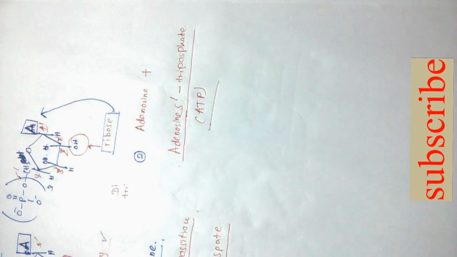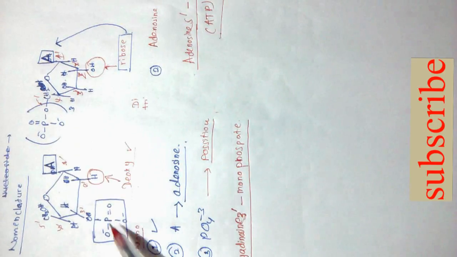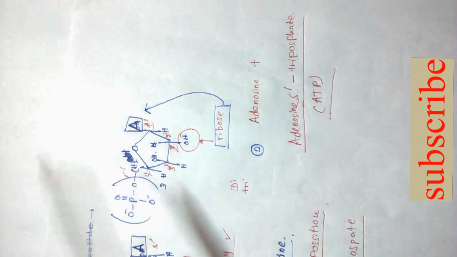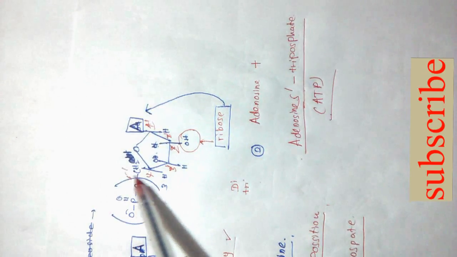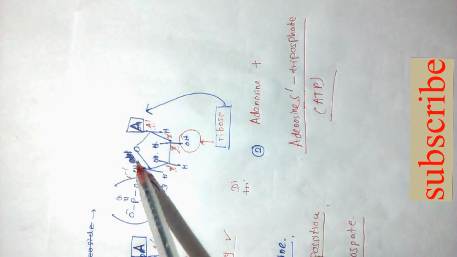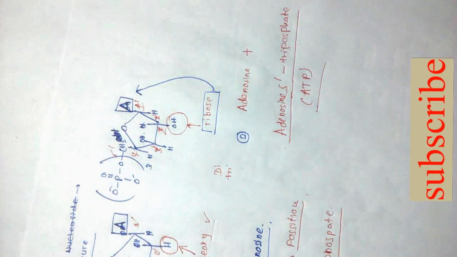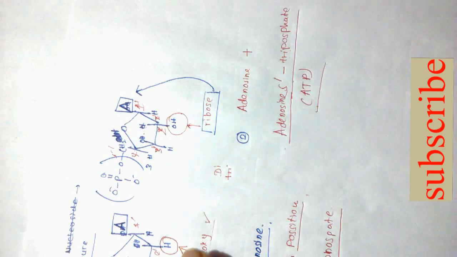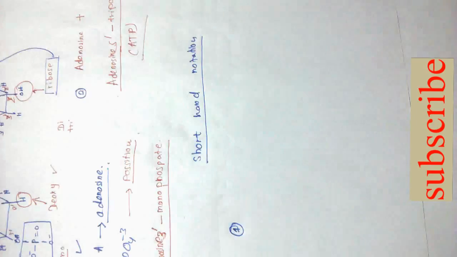So remember a special point, ATP is not a nucleotide, because every nucleotide contains a phosphate group only on the third carbon, but in here the phosphate groups are on the fifth carbon. See, triphosphate contains high energy bonds used in metabolism. Therefore, this is very stable. Therefore, ATP is not a nucleotide.